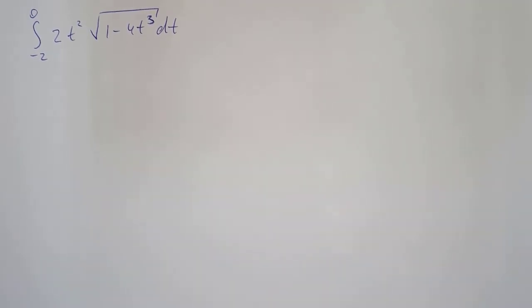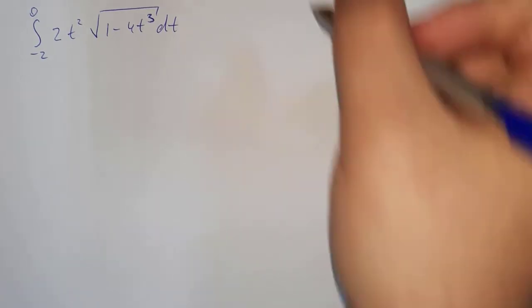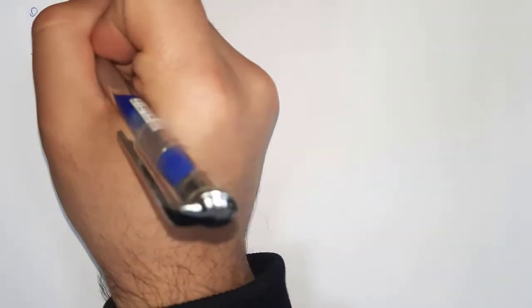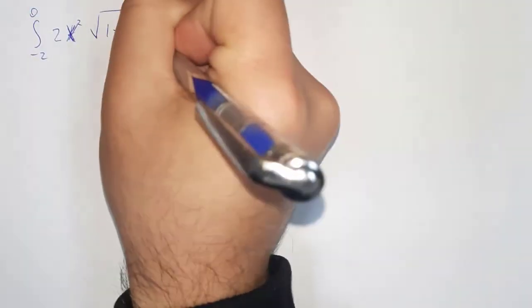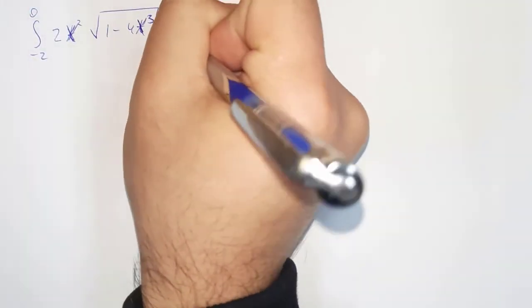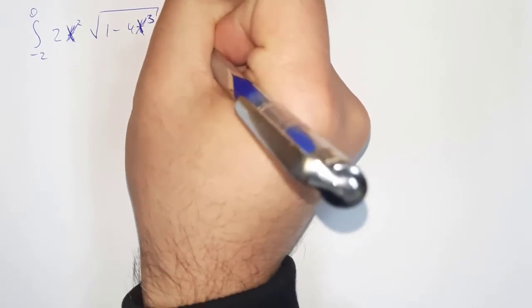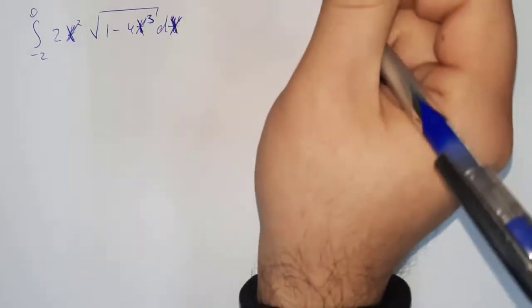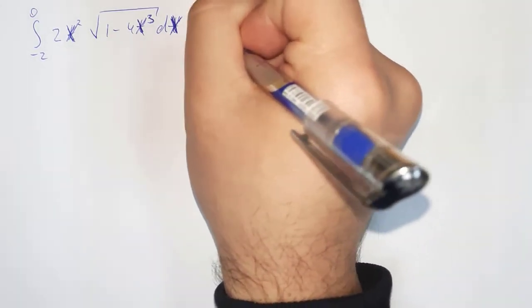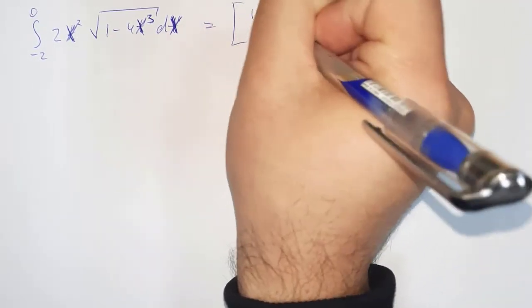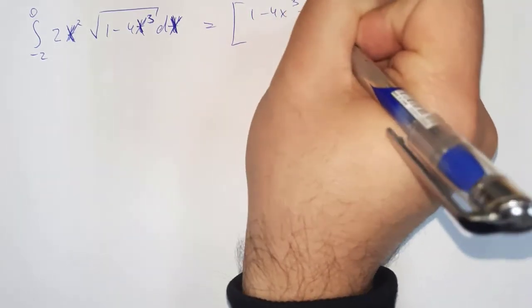So here we need to use the substitution rule. Let me write here x, not t. And then let's denote our expression 1 minus 4x cubed with t.